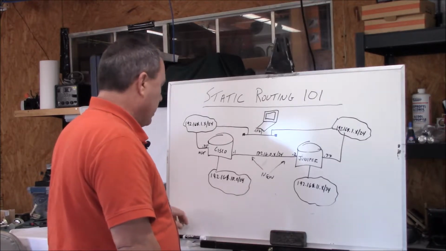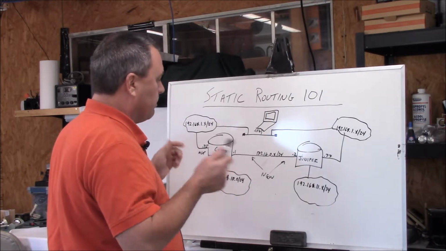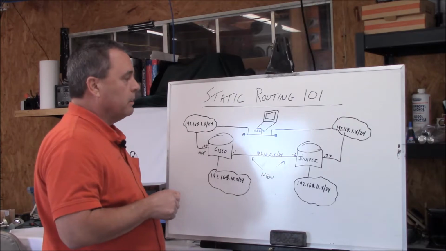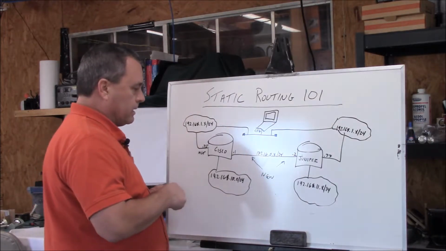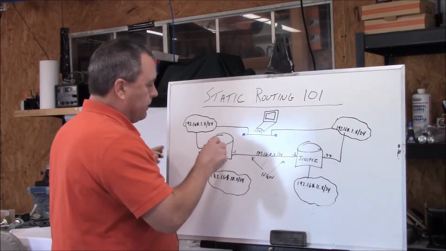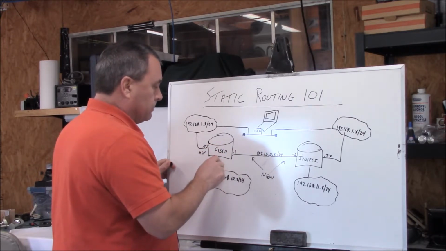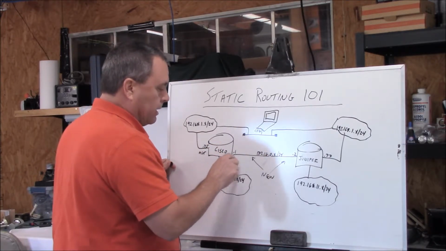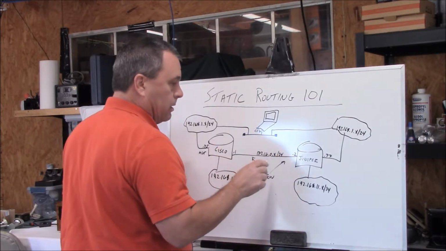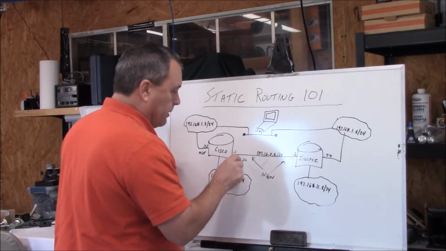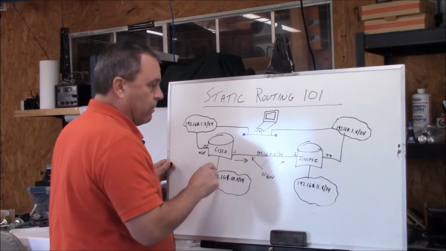So really the overview of what we're trying to do with static routing is we tell the routers, okay, if you want to get to the 11 network, you have to go that way.